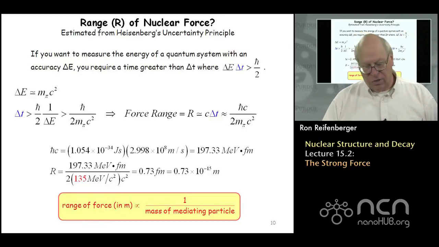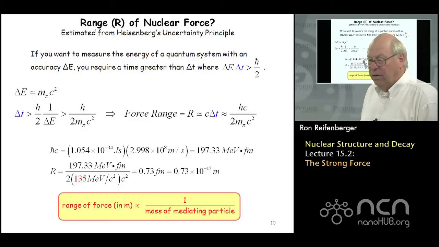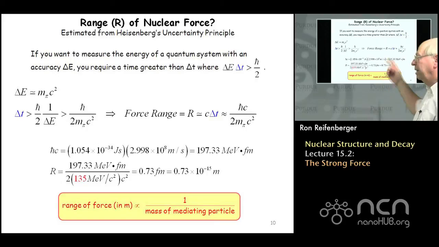What this uncertainty principle tells you is that if you want to measure the energy of a quantum system within an accuracy of some parameter delta E, you're going to require a time interval greater than delta T. And delta E and delta T are related by the familiar Heisenberg uncertainty argument, which says delta E, the accuracy of the energy that you measure of a system, times the time delta T over which you measure the energy of that system, has to be greater than h bar by 2.